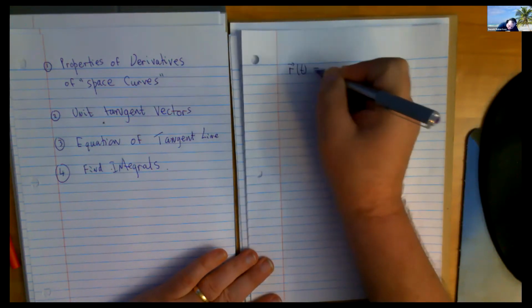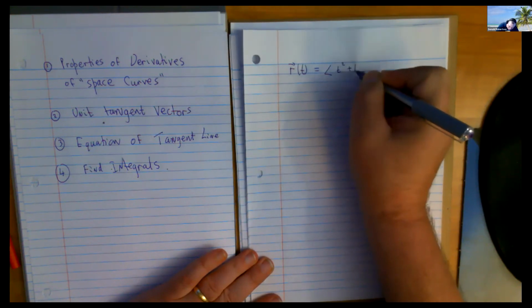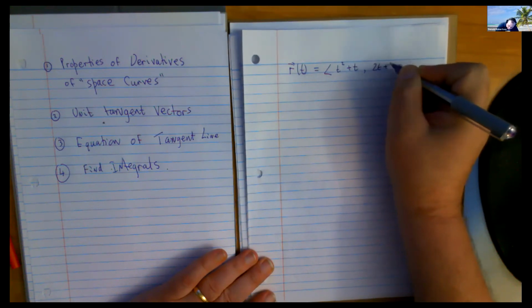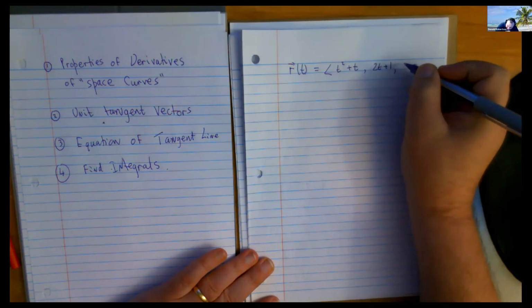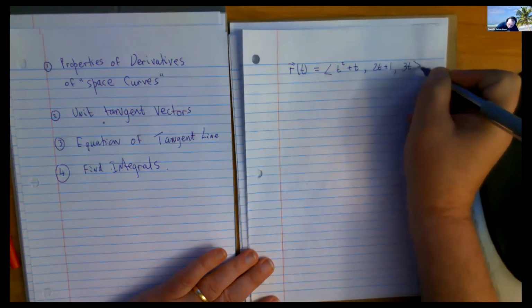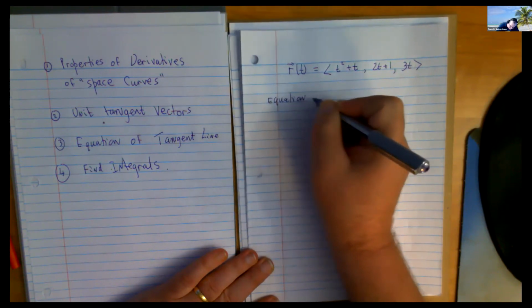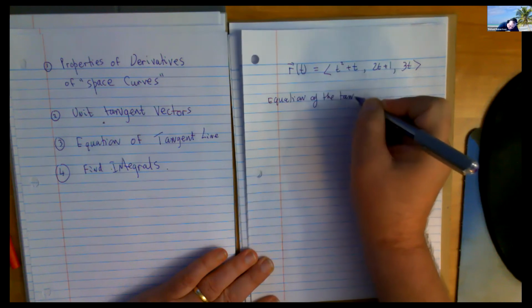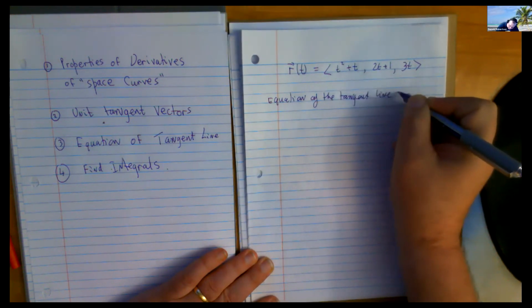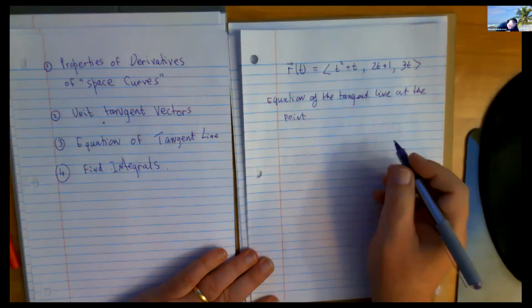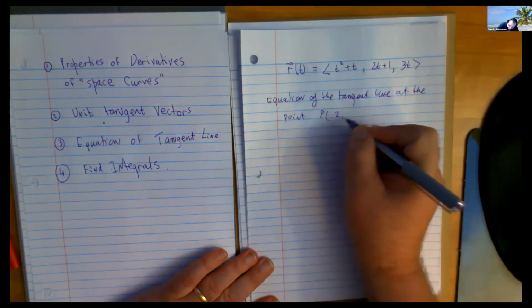So suppose you're given a space curve, and they ask you to find the equation of the tangent line at the point 2, 3, 3.